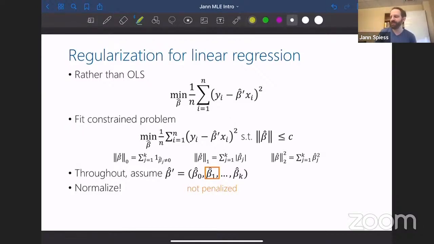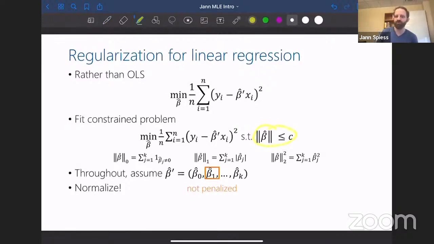So rather than running OLS, for example, we could instead run OLS with a constraint where we say we still want to choose among linear regression coefficients. However, we want to reduce the complexity that I have, for example, by using some norm or pseudo norm that bounds the complexity.